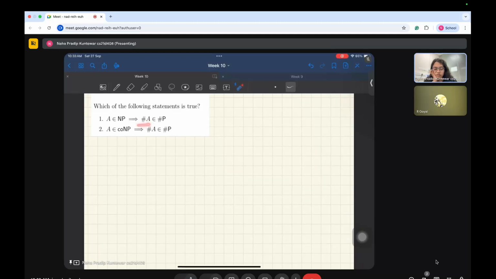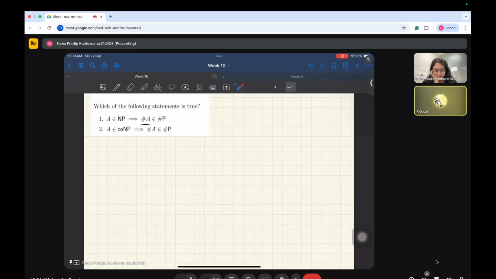I can easily explain with an example. If A is SAT, sharp A is the number of satisfying assignments. If A is the clique problem, sharp A is the number of cliques. Basically, the count of solutions.